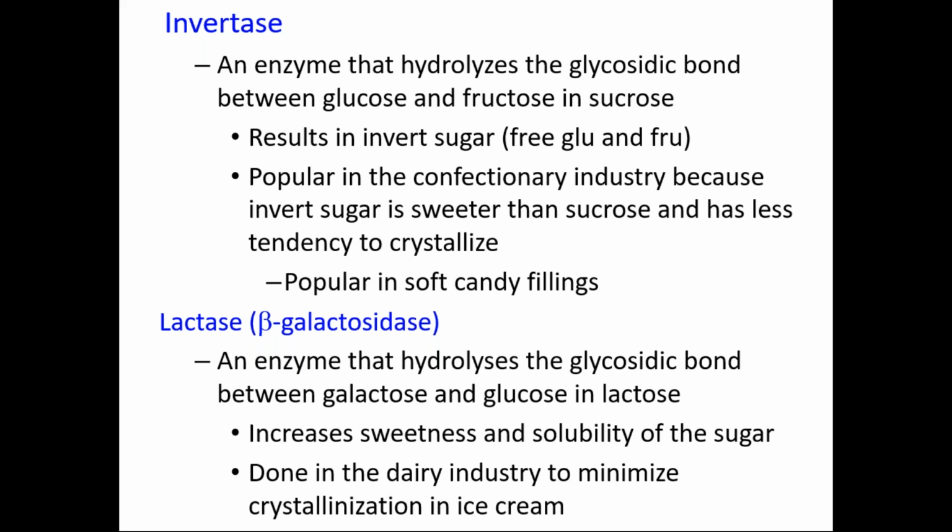It is used in the dairy industry to prevent the crystallization of ice cream, because sometimes when ice cream is kept for a very long time, what you get is crystals, which is not very nice on the tongue.